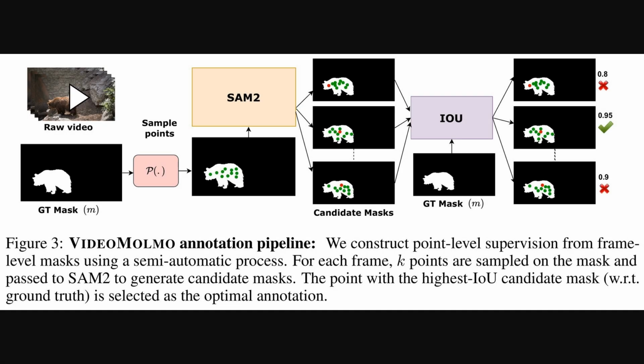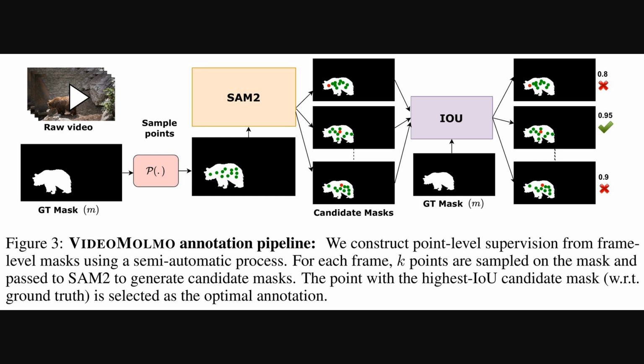Okay, so that architecture is designed to take in a video and text and spit out a precise point. But a model is only as good as its training data. So how do you get the thousands of perfect point annotations needed to teach it? This figure shows the clever semi-automatic pipeline the authors created. They start with existing datasets that have a ground truth mask, which is basically a perfect pre-existing outline of an object. They sample several points within that mask and use SAM2 to generate a new mask from each point.